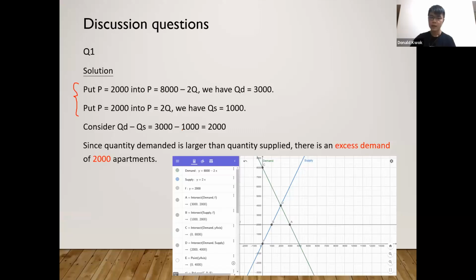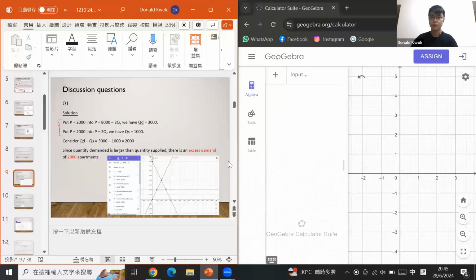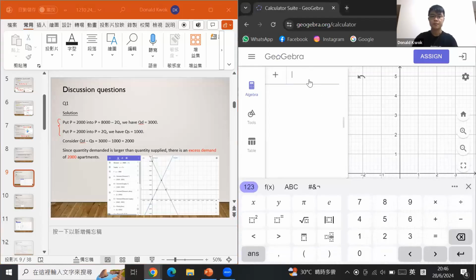And actually, we can solve this problem using GeoGebra as well. Let me shift my screen to GeoGebra to demonstrate. Okay, so you can see my GeoGebra screen as well. To start with, we need to type the market demand and market supply curve.